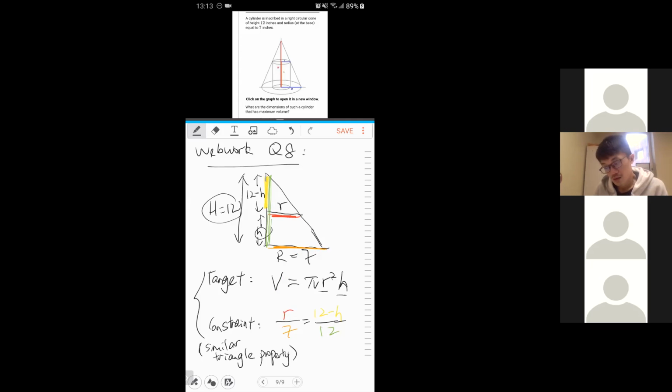And again, the standard procedure is to use the constraint to isolate one variable. You can isolate either r or h. And then put that into the target function. Take the derivative, set it to be 0, or find other points where it's undefined.